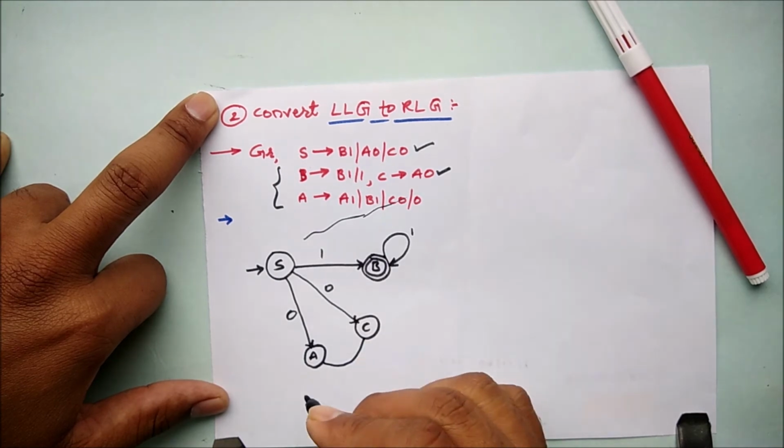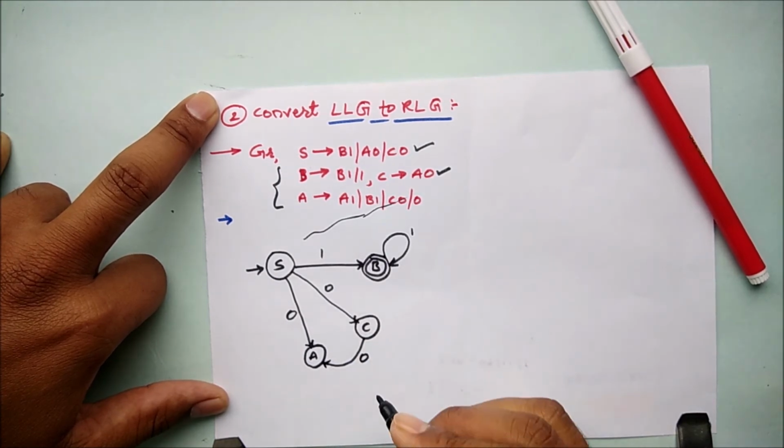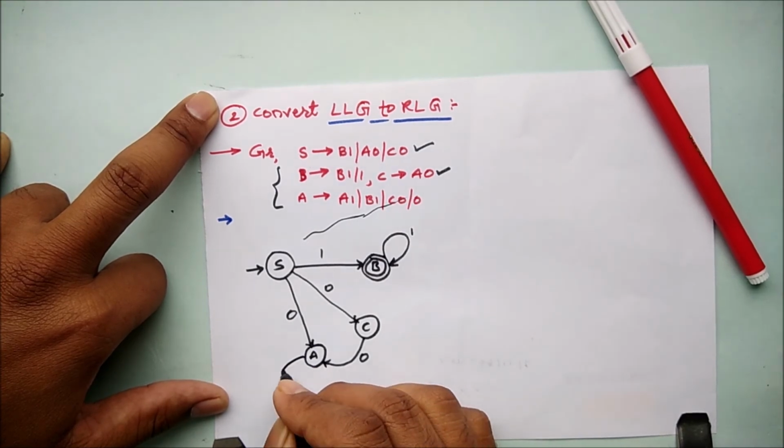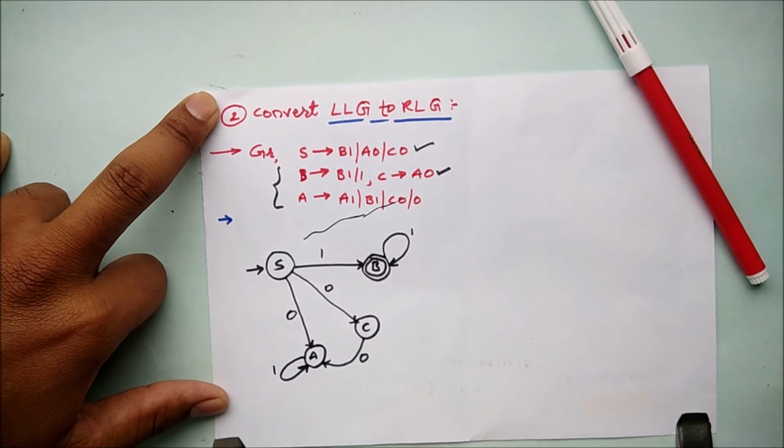C is going to A with the input 0, and then finally A has a self loop with 1.